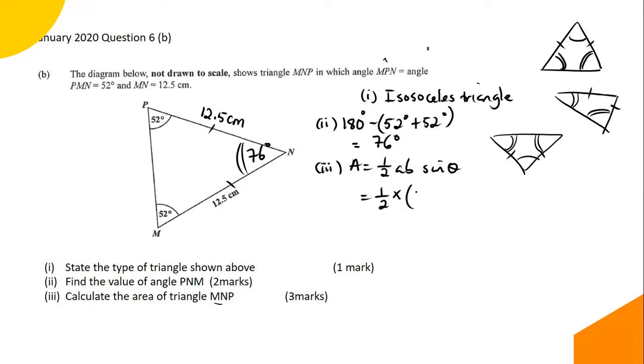So it's a half of 12.5 times 12.5 sine of theta. Theta is 76 degrees, the angle between the two lengths, okay? So that gives us 75.8 centimeters squared. All right, simple.